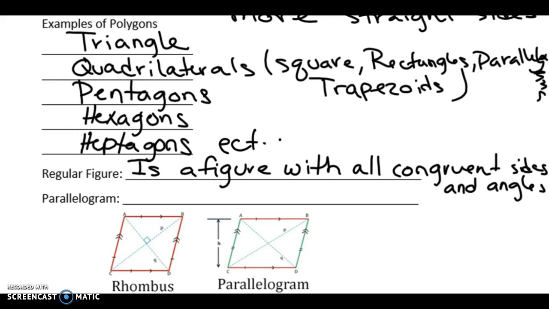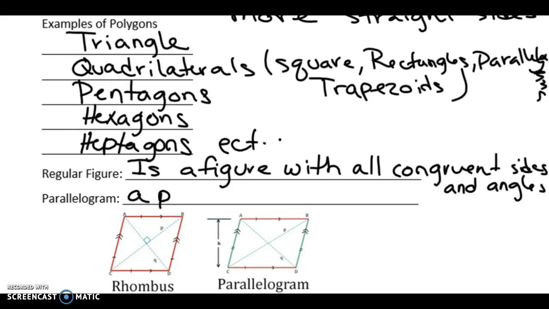Okay, so these are the octagons and the hexagons and the pentagons that when I say those names, you visualize in your head. A stop sign has all equal sides and all equal angles. That is a regular octagon. Okay? We're going to focus in on parallelograms today.